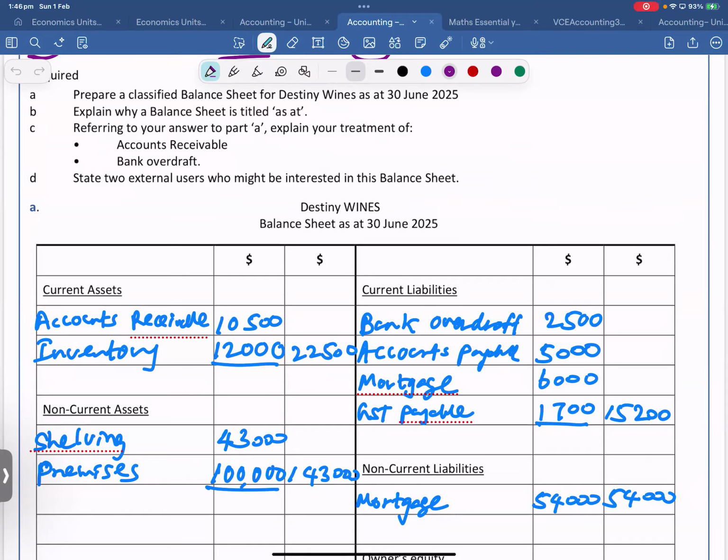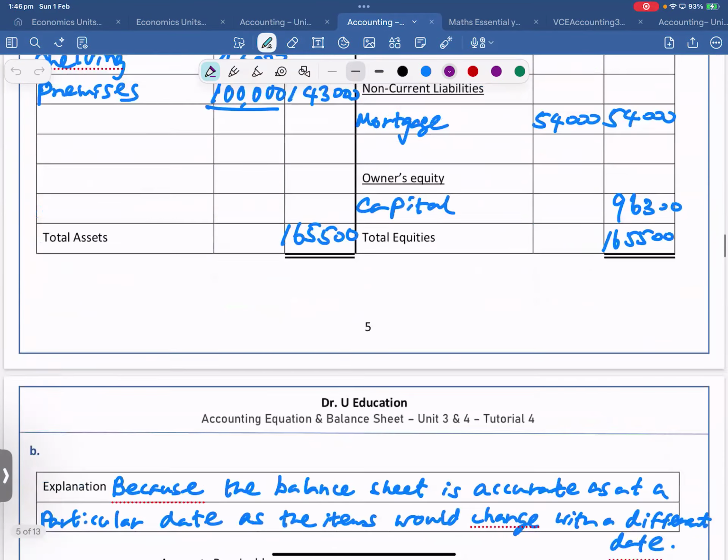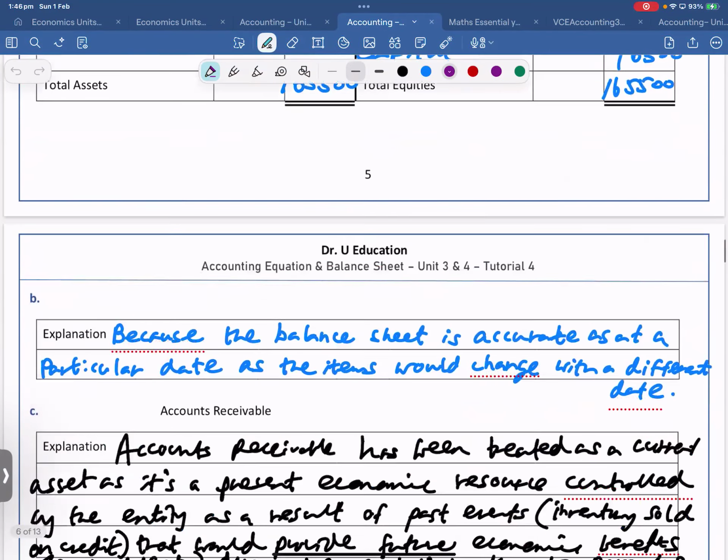If you want to prepare a balance sheet now for our business, yes, we can do it. If you want to prepare a balance sheet at 2 o'clock, 3 o'clock, anytime we can prepare. Actually, the difference between two balance sheets is only one transaction. With one transaction, the items will change. Then we can prepare a new one. Okay. Right. Then next one, take down if you want, part B.